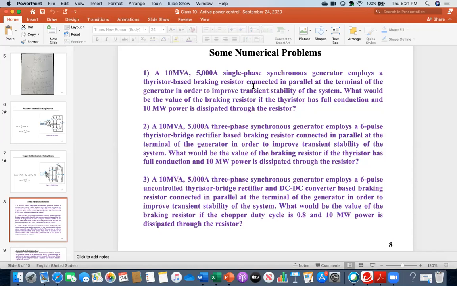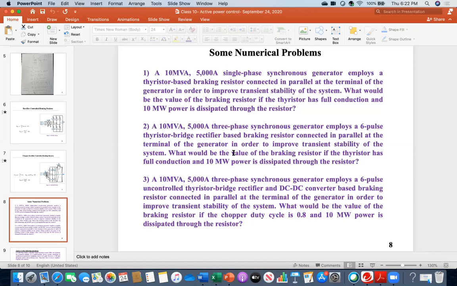Can you read number 2? Manoj, please read number 2 as well. Six pulse, that means we have to use the rectifier. Yes, six thyristor rectifier, but the first problem does not say that. So can we use the last one or the first one?